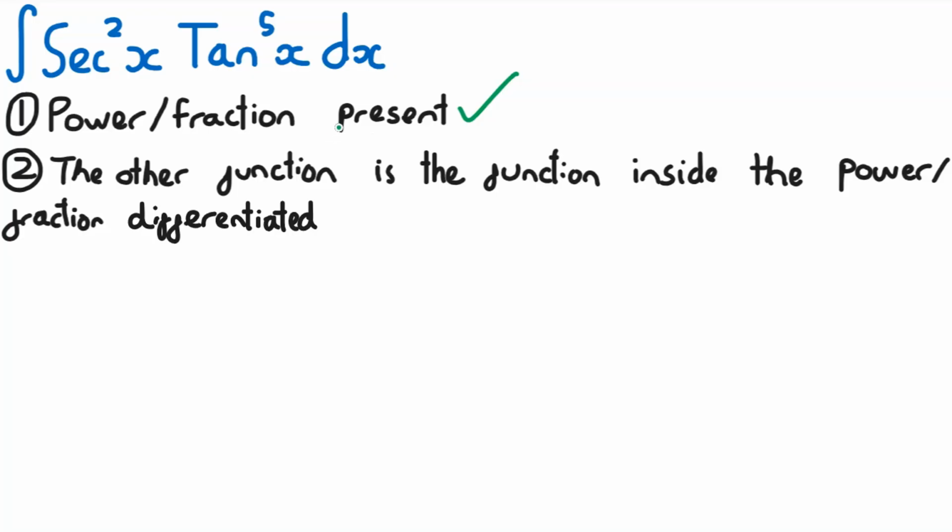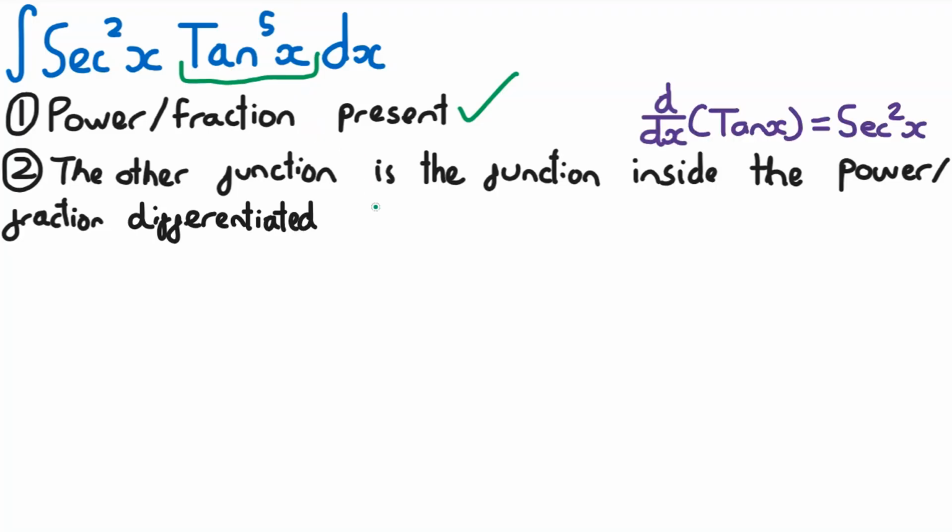And then for the second condition, we need the other function to be the function inside the power or the fraction differentiated. So if we have this power of 5 here, the function inside this power of 5 is the tan x, and when you differentiate tan of x, we talked about this in year 2 differentiation, you get sec squared of x. This is actually also given to you in the formula booklet, so you have access to it in the exam.